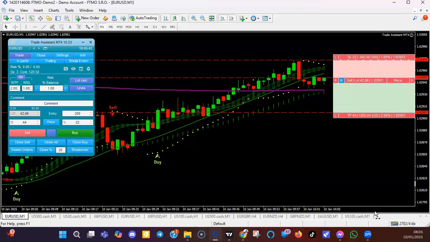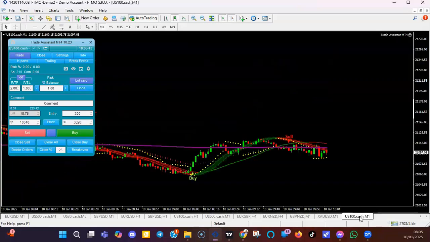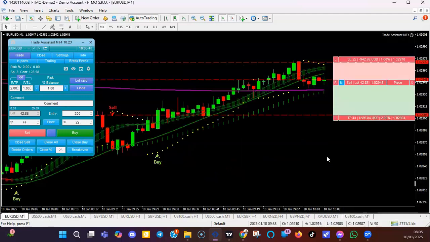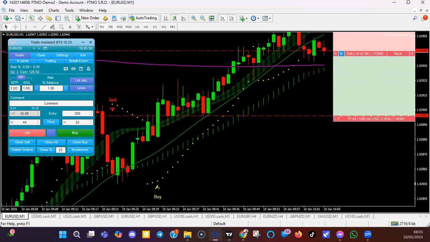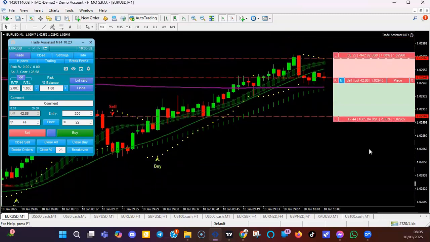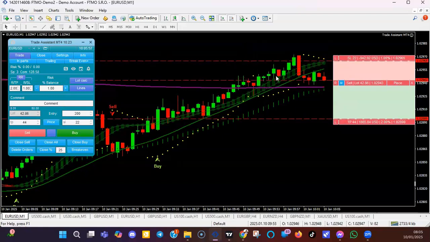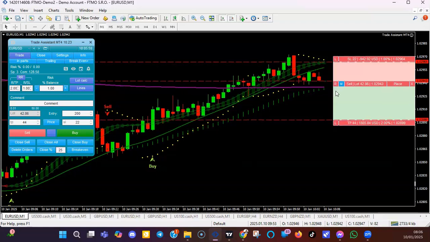Let's see if it's frozen now. Probably not. No, didn't think it was. So we are holding, treading water now in a sideways movement.